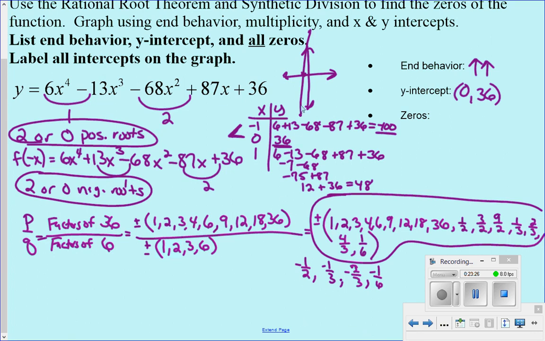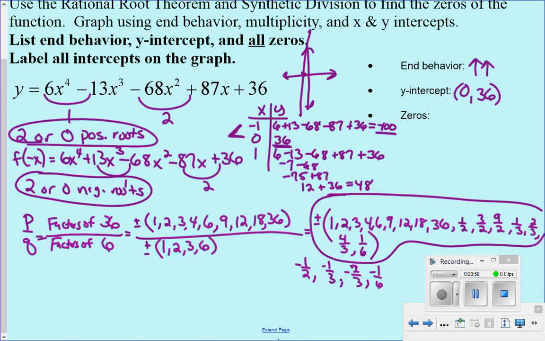Again, I knew that it crossed the x-axis somewhere between this point and this point, which means those x values are 0 and -1, which means there's a root somewhere between 0 and -1. So I went to my list of the possible rational zeros, and I picked numbers from that list that are between 0 and -1. And then I'm going to run through synthetic division trying those 4.